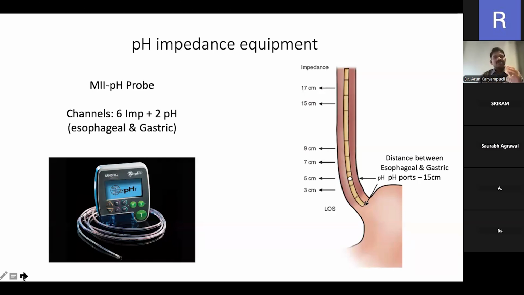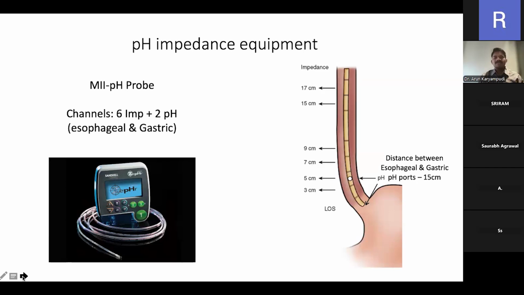Even in pH impedance probes, you can have two different kinds of catheters: one with only an esophageal pH sensor, and another with a dual pH sensor, that is a gastric pH sensor as well as an esophageal pH sensor. In addition, as I told you, you can also have pharyngeal probes where the impedance ports are located very close to the pharynx, that is, in the proximal esophagus.